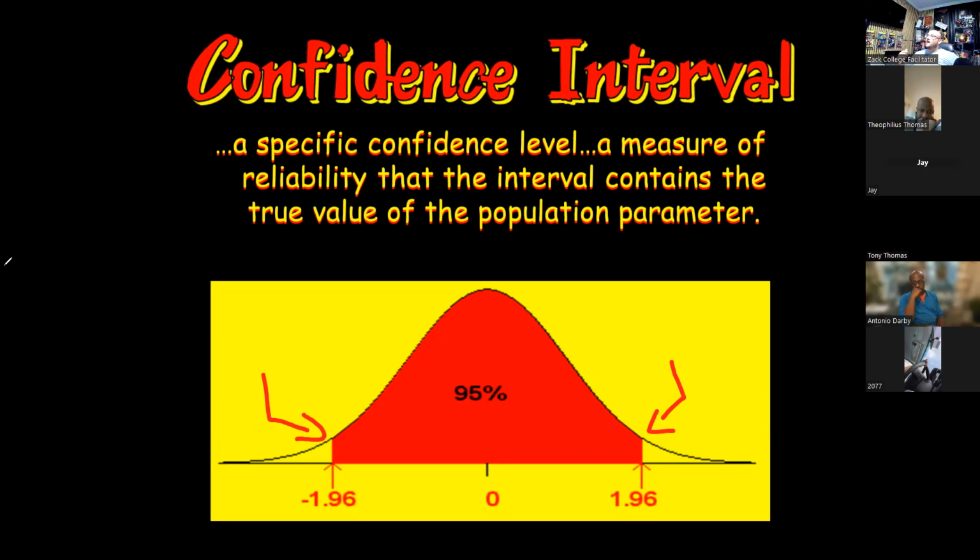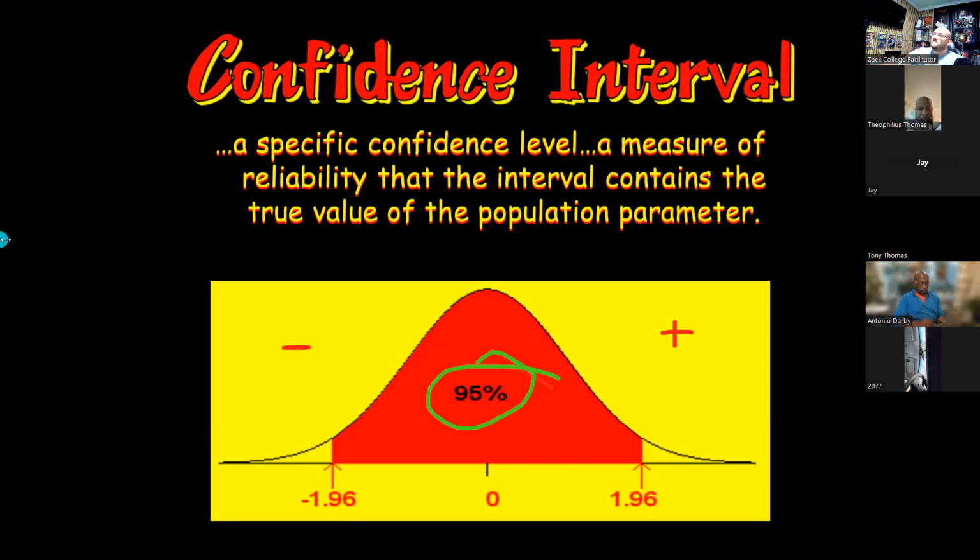So therefore, I would reject or fail to reject the analysis. When I look at a confidence interval, just keep in mind that there are two sets of values: we have our negative value over here, and the right value over here is going to be positive. But a confidence level is everything that's inside of this area, that 95%. Now, in statistical studies, we try to be at least 95% sure of our data.